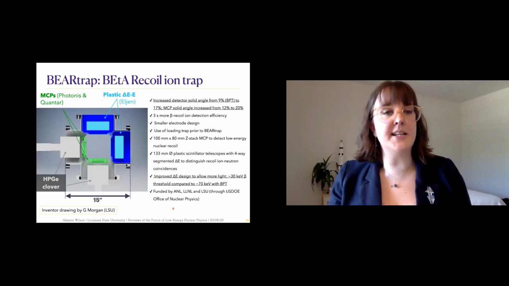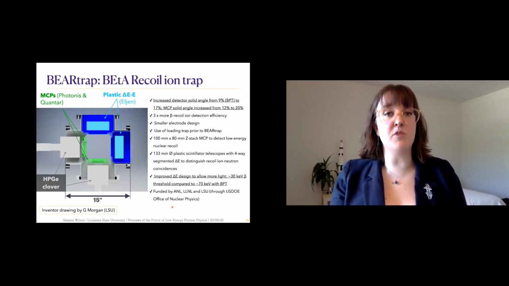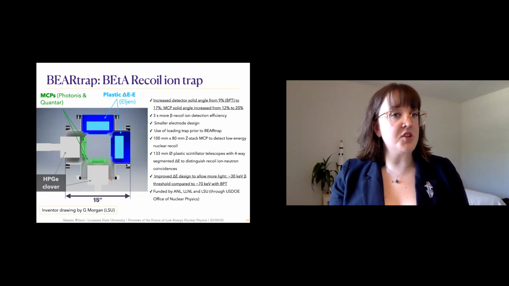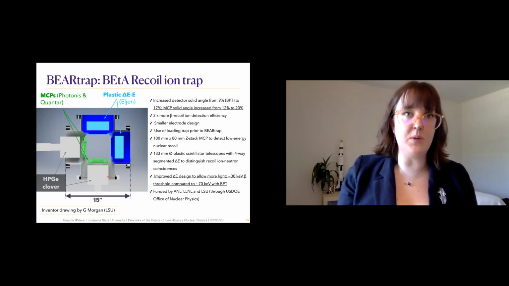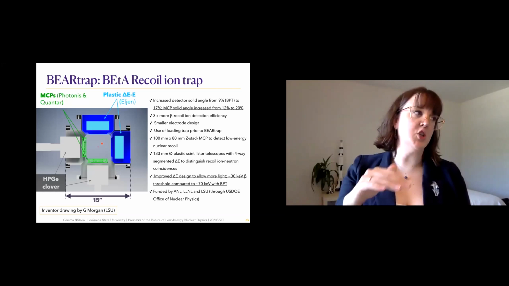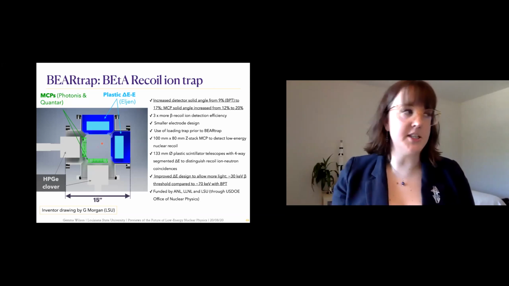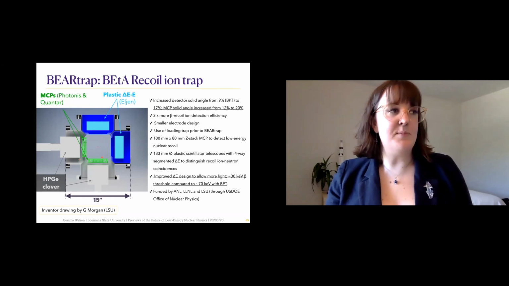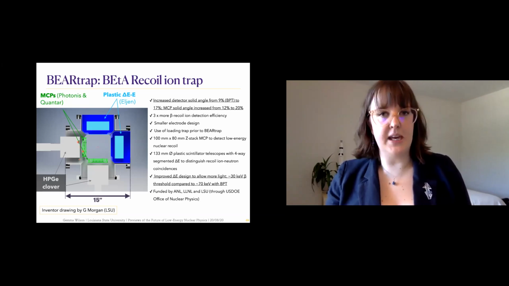So this is the new setup. It's called BEAR TRAP, which is the Beta Recoil Ion Trap. It's around 15 inches across, and it's a very similar design to the BPT, except now you can barely see the electrodes. This is looking end on as the ions are going into the screen. We have 2 Z-stack MCPs, which are more than twice as big.